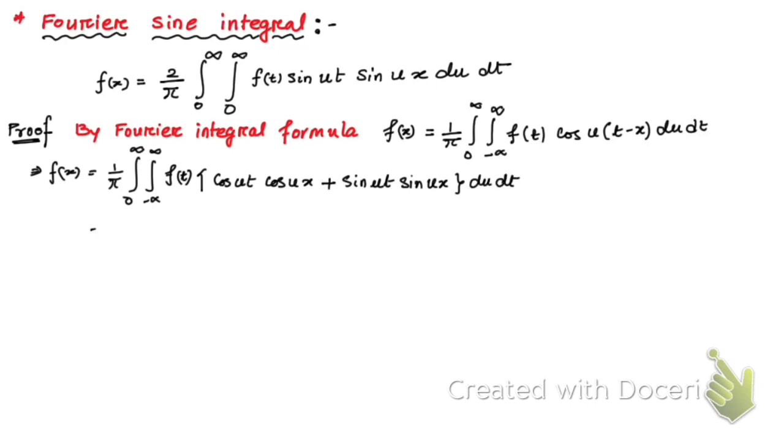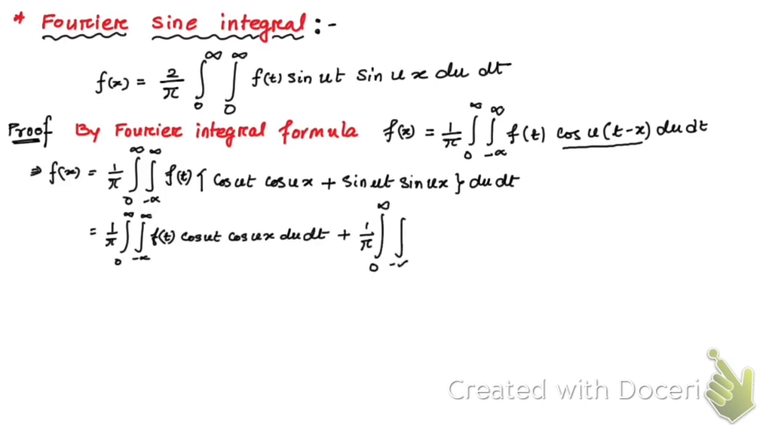That's what we're going to have, right? This is nothing but cos a cos b plus sine a sine b, right? So then we can split it into two terms in this way. Let it be equation number 1.